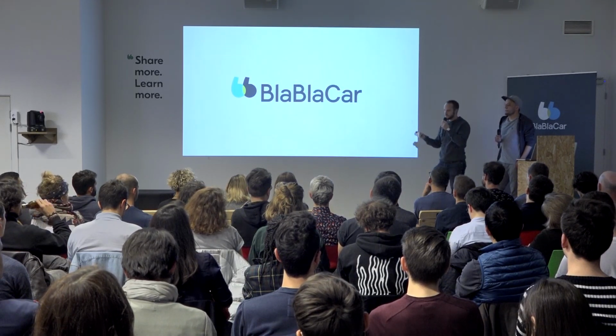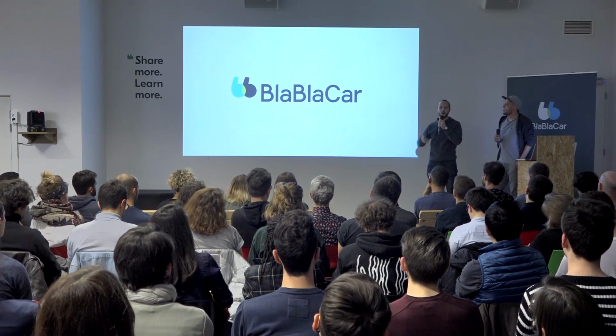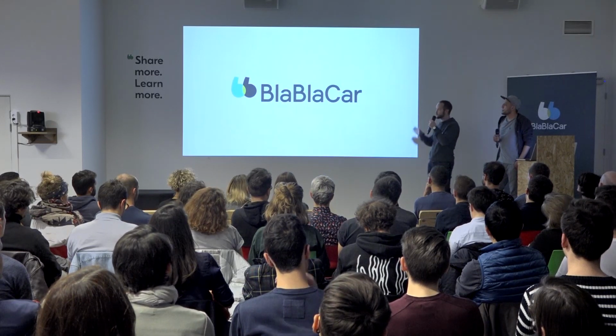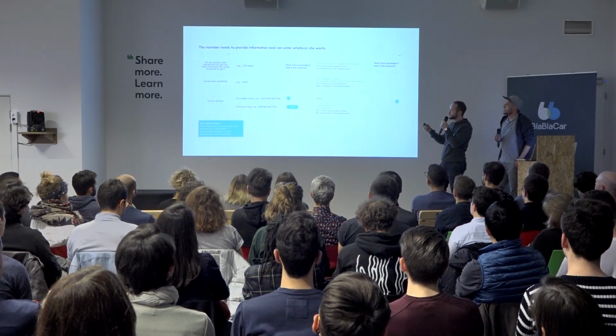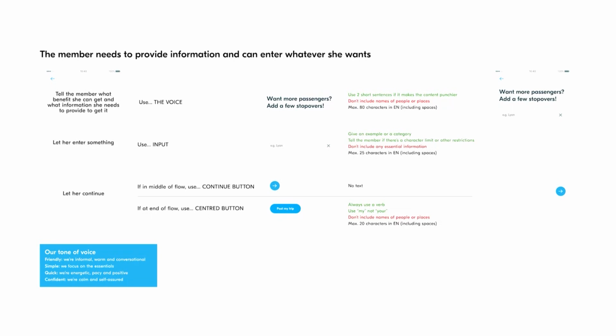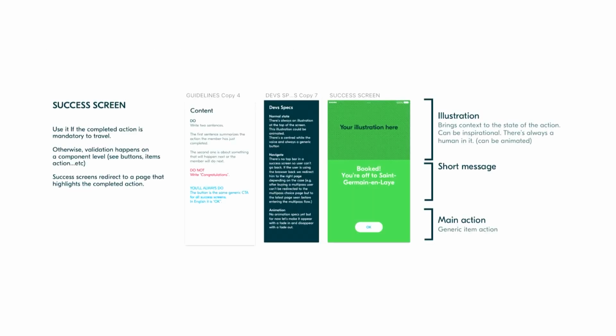So we decided to add UX rules to our system. We introduced very clear guidelines on how to use each component. We started recognizing UX patterns, so we had templates that designers were able to use. We started adding content guidelines, explaining how and when you should use one type of component or the other.